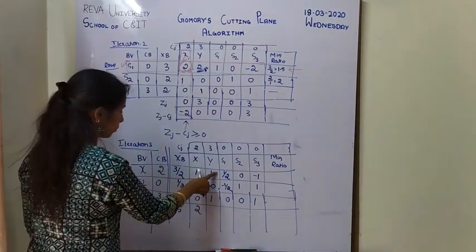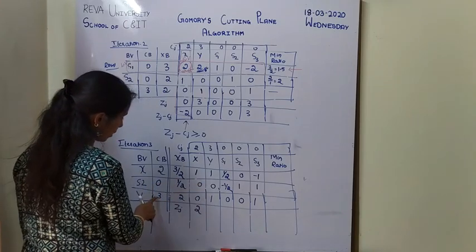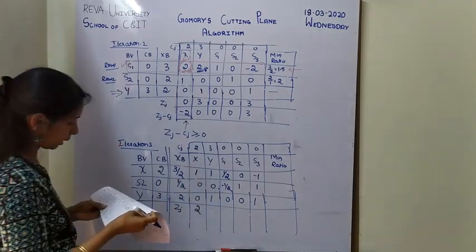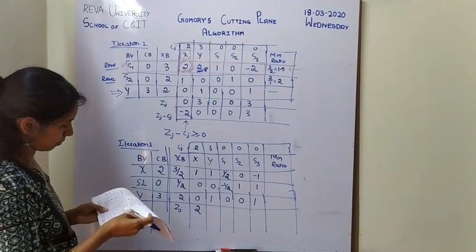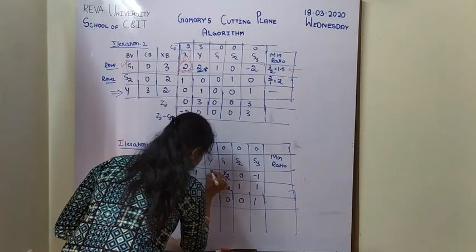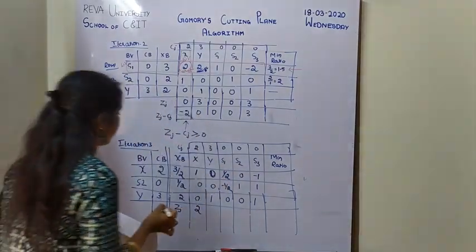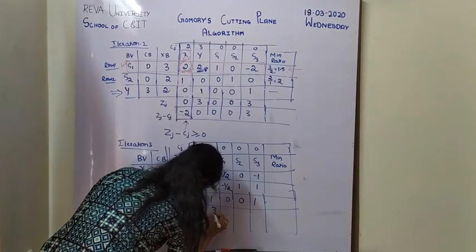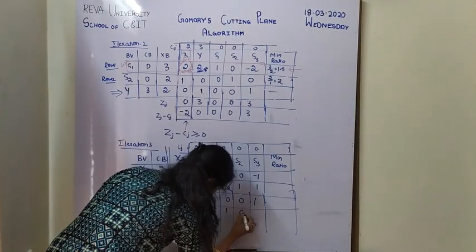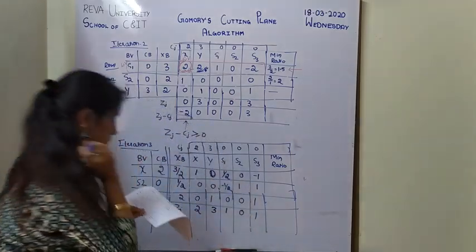Now 2 into 1 plus 0 into 0 plus 3 into 1, as I said, here you will get 0. So you will get 3 here. Here you will get 1, here 0, here 1.